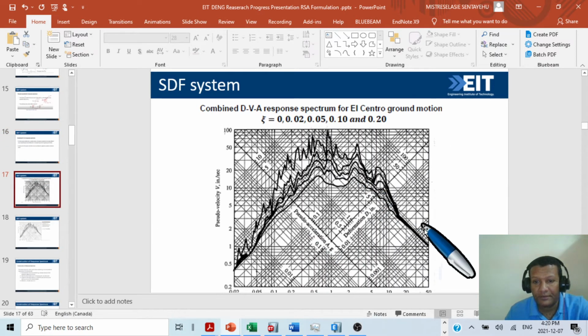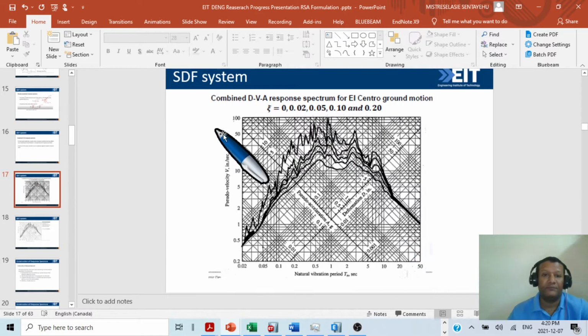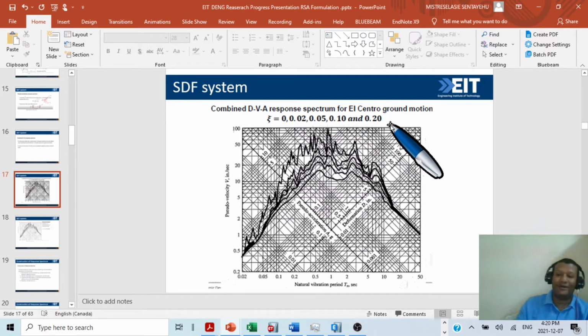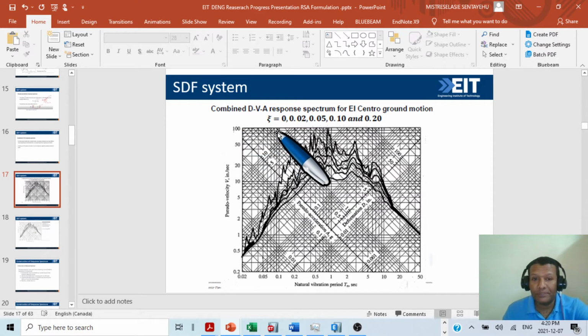For example, this is a combined DVA response spectra for the El Centro ground motion. The damping ratios are for the undamped case, and for 0.02, 0.05, 0.1 and 0.2.